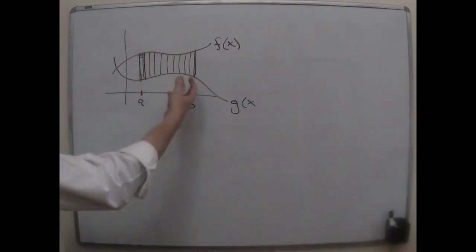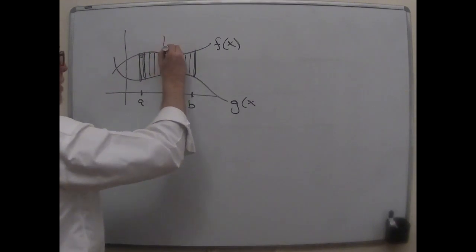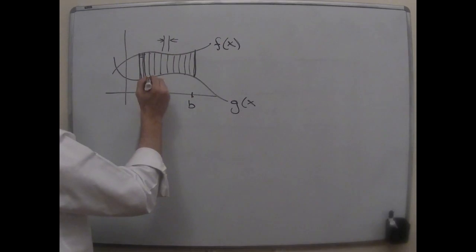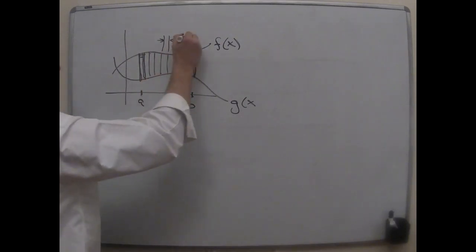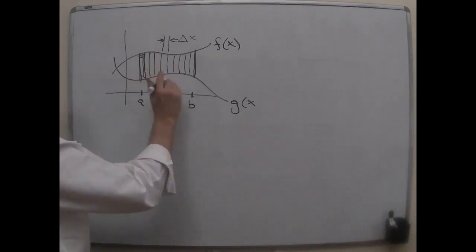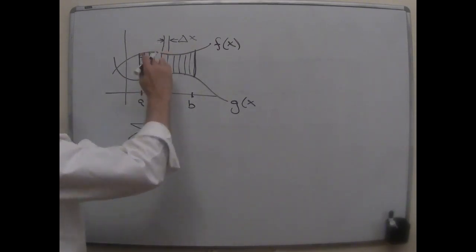And in fact, letting the number of strips go towards infinity, which meant the width of the strips went towards something tiny. We started off with them as delta x, and then you think about that as turning into dx.